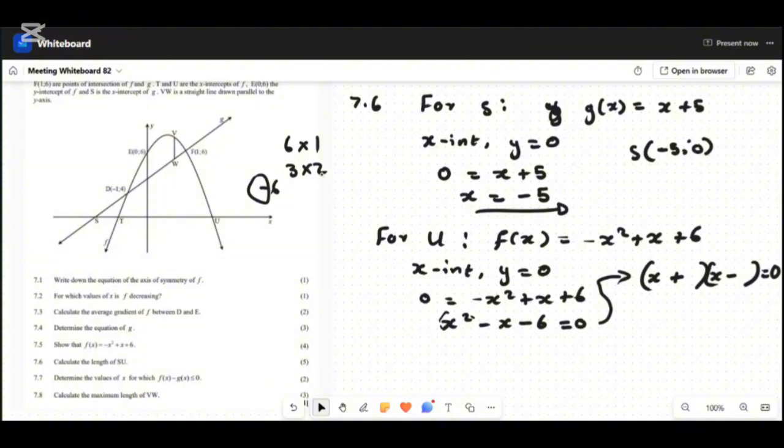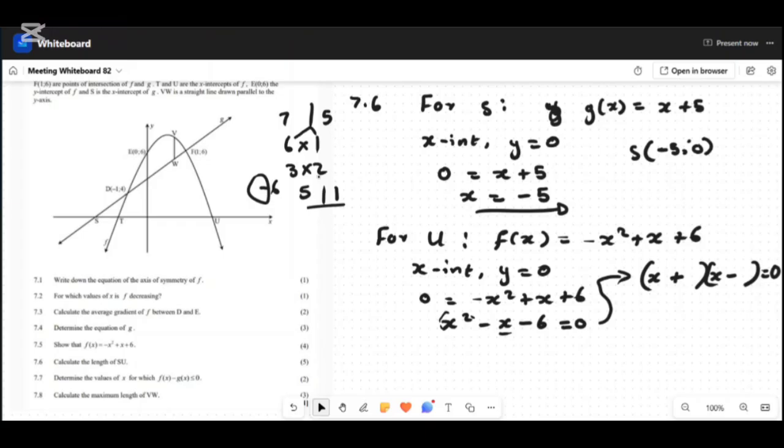So the factors of the last term are 6 multiplied by 1 and 3 multiplied by 2. Then in those factors, when you add or subtract them, they must give you the middle term, which is 1 of x. So look, if I add or subtract 6 and 1, I'm either going to get 7 or 5. But for 3 and 2, I'm either going to get 5 or 1, right? So which means the factors that qualify here are 3 and 2.